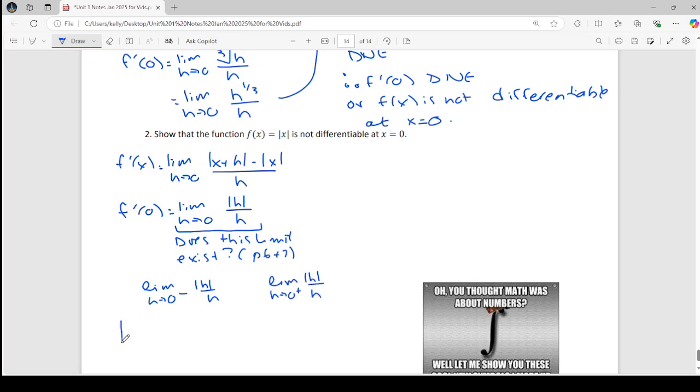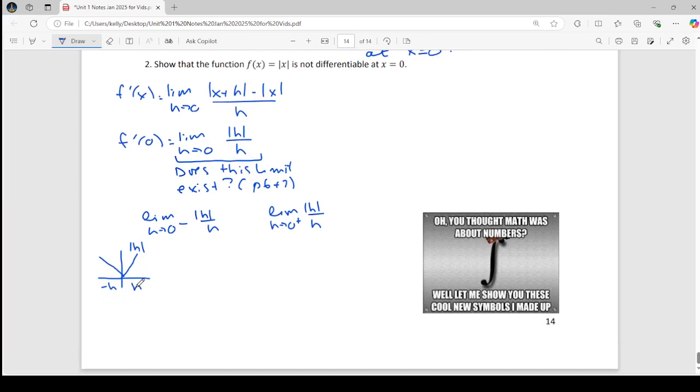On the absolute value function, if we call this the absolute value of h, then our negative h inputs are on the left, our positive h inputs are on the right. As we are moving from the left, the value of the absolute value of h is the negative of h. And so this gives us a limit of negative h over h, which is -1.